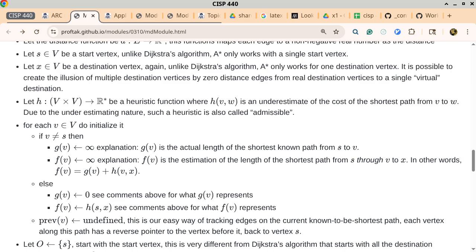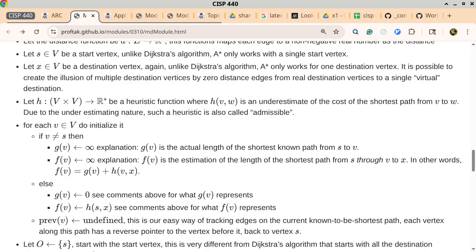Otherwise, we initialize g to be 0, and we initialize f to be the heuristic value between s and the destination, because the only way to get to the else is v equals s. So we use the heuristic value of s to the destination to initialize the f value.